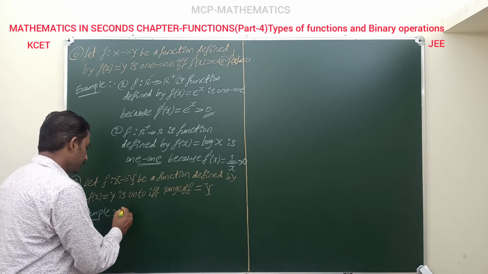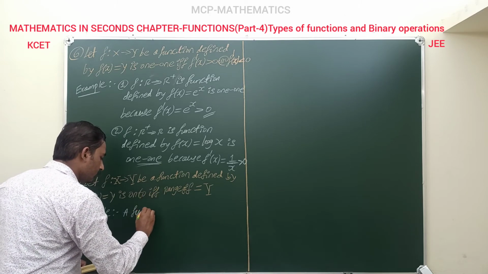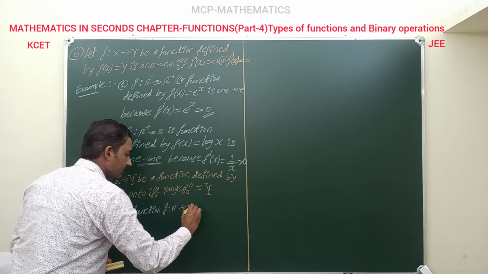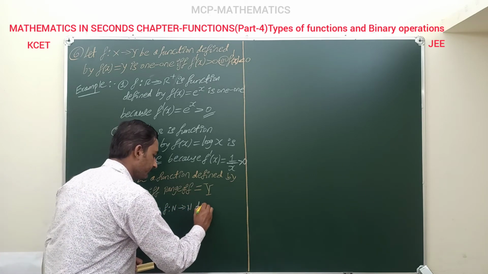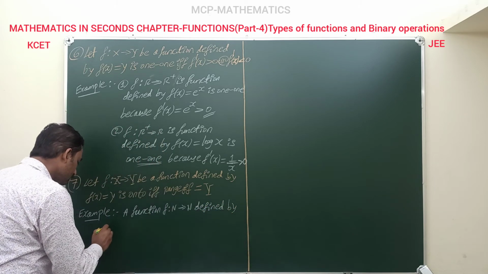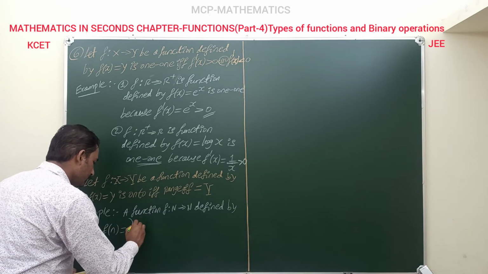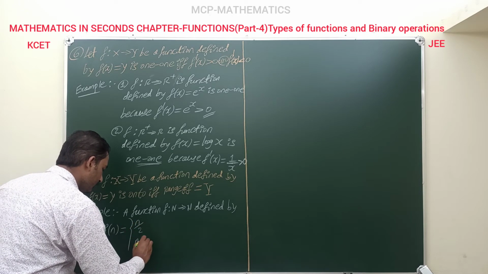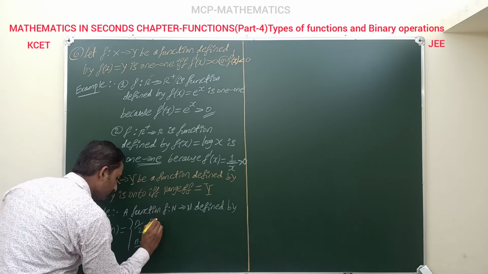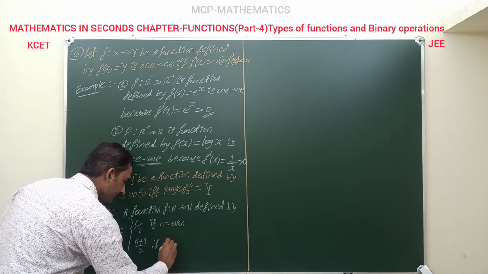This is a function f from natural numbers to natural numbers defined by f of n equal to n by 2 if n is an even number, and n plus 1 by 2 if n is an odd number.